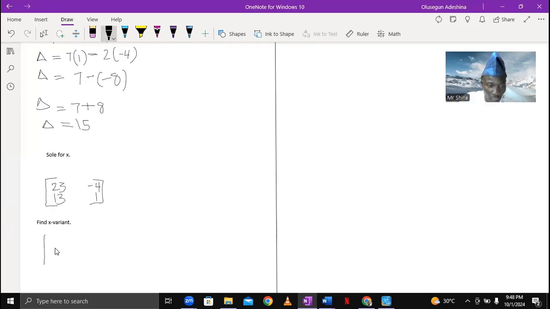Draw a vertical line and another vertical line representing the boundary of the elements in the matrix. So you have your 23 up here, 13 down here in this column, and in the second column you have -4 and 1. So we can represent the determinant of X or X variant by this sign or symbol.